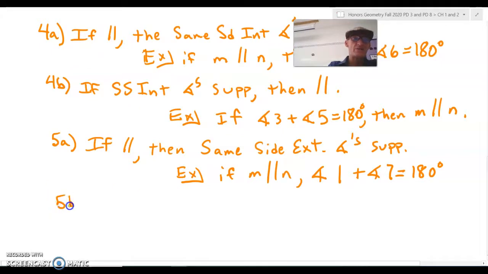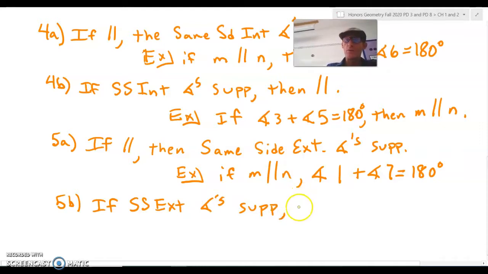5B, if same side exterior angles supplementary, then parallel lines.